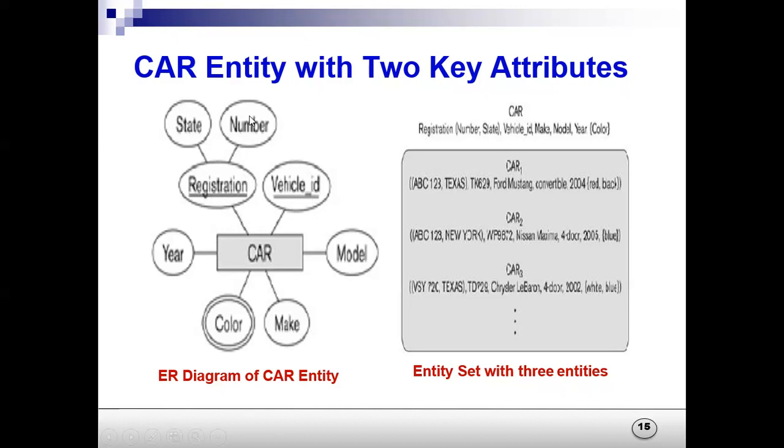Because we live in Assam, the registration number, as you all know, starts with AS, right? So this registration number can be divided into two, state and number. Similarly, color of a car is multi-valued, right? So multi-valued attributes are represented using this double circle. So this is how an entire entity is represented. It has two key attributes, but it is not always the case. It is a special case that we have two key attributes. Generally we have only one.